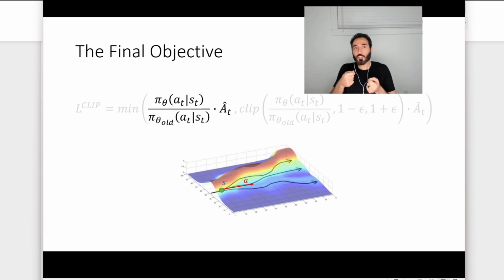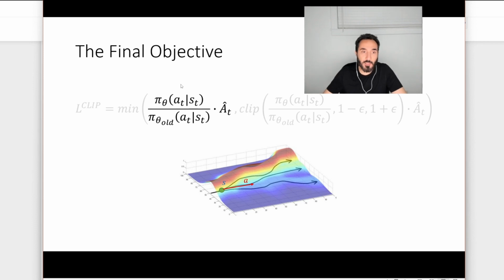If the advantage of an action is positive at a state, it means that that is a better action compared to the average actions that the policy could take in that state. So meaning that we essentially want to increase its probability to get to a better policy.